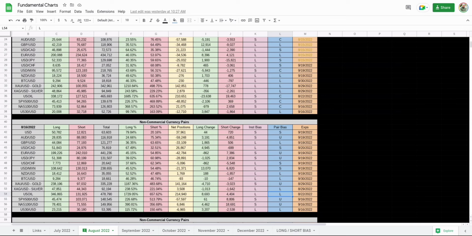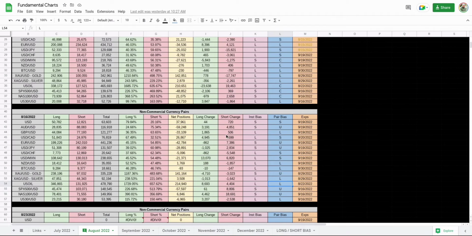Let's take a look at my fundamental charts that I have here. This chart report was released on August 16th, and this is the data that I am using to come up with the short-term currency pair bias.